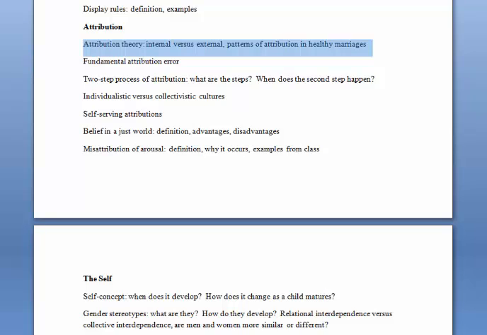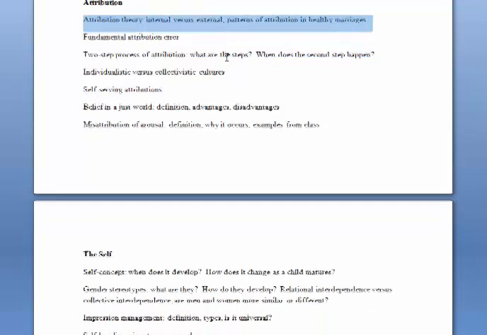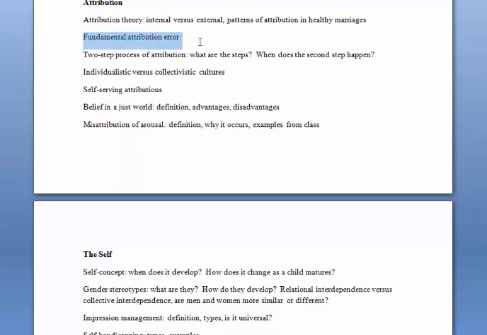So there's a correlation there. We don't know causation unless we do a research study, and it would be difficult to do a research study here to manipulate that, because some people wouldn't make those attributions even if you told them to. But you're going to see the opposite pattern in unhealthy marriages or unhealthy relationships in general.